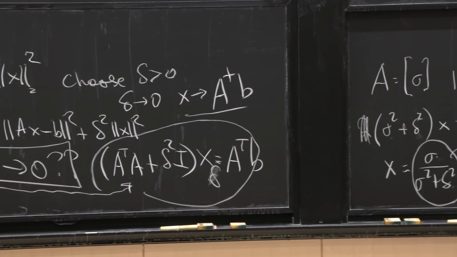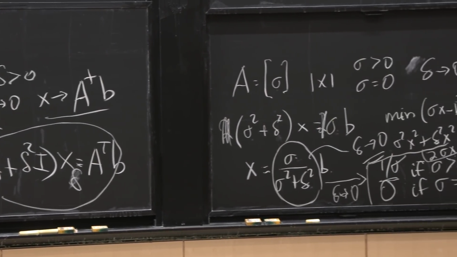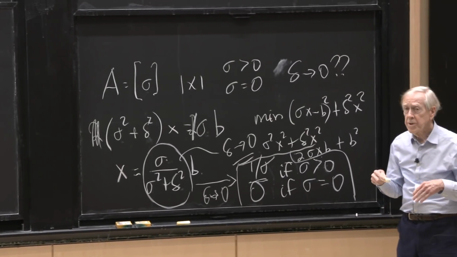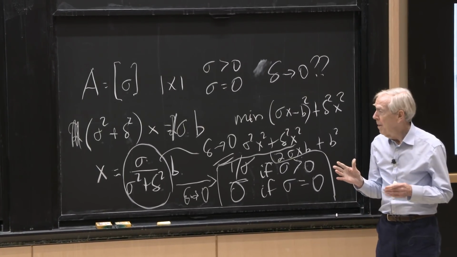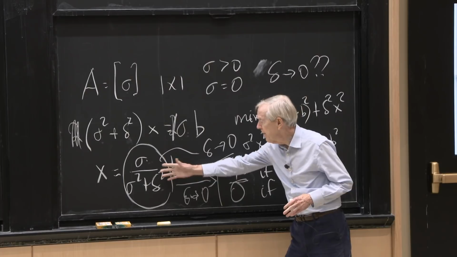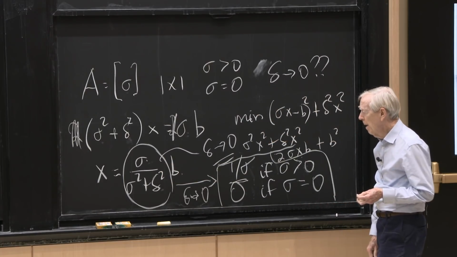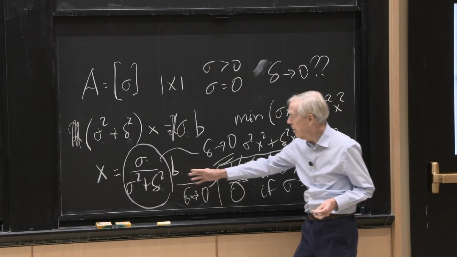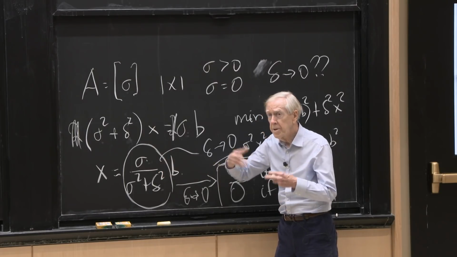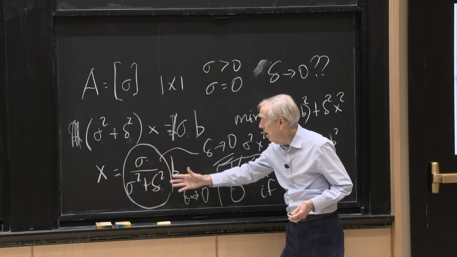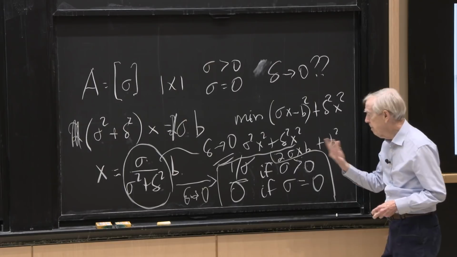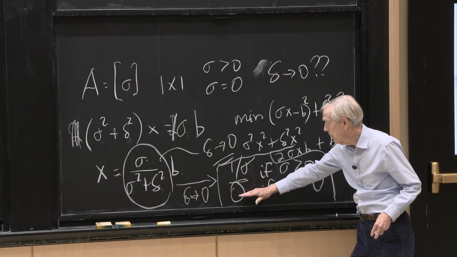That's the key fact. When delta is really, really small, then this behaves in a pretty crazy way. Sigma is either bigger, or it's 0. If it's bigger, you go this way. If it's 0, you go that way.